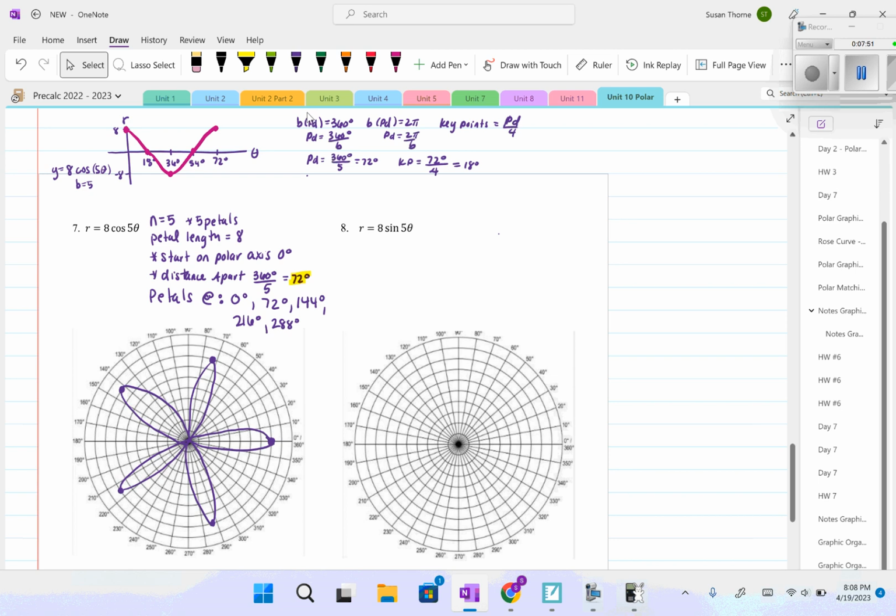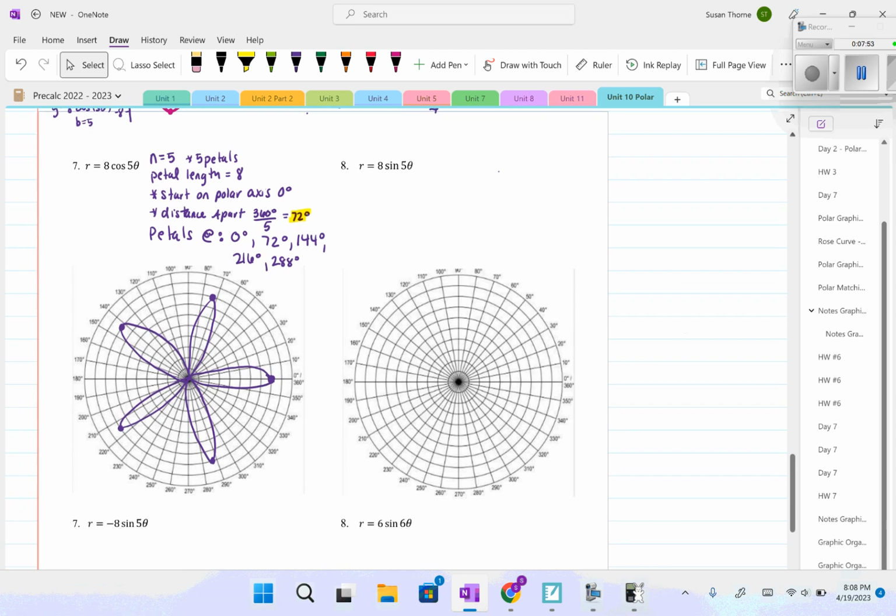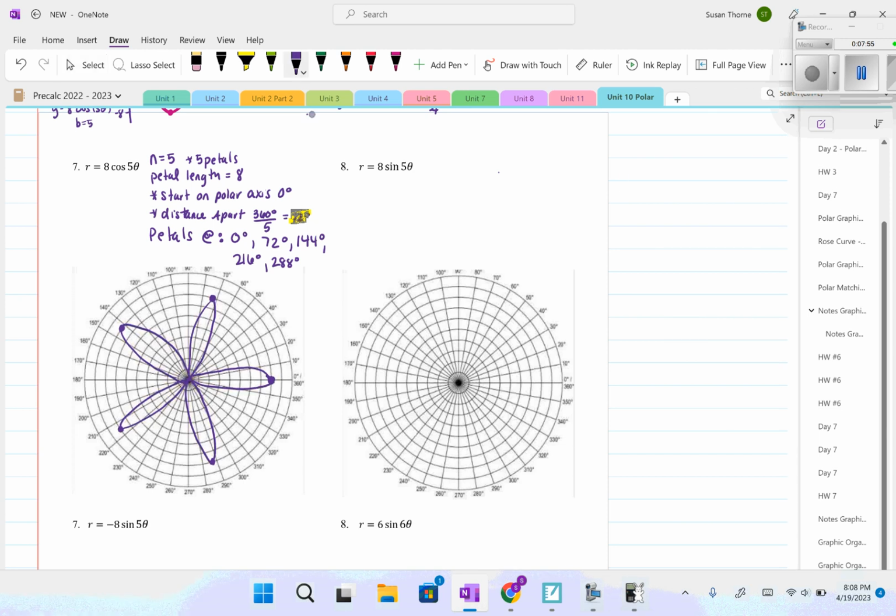Now, if instead we had a negative value in front, so I had R equals -8 cosine of 5 theta, then I would multiply by -1. So our graphs would just reflect across the line theta equals 90 degrees, which would be your y-axis.